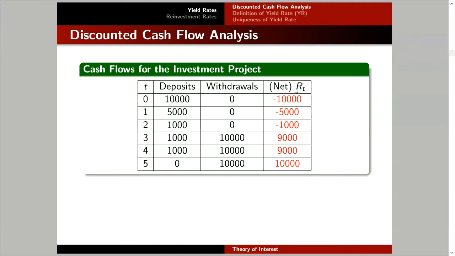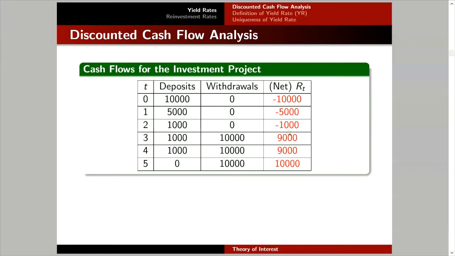So, the combination of deposits and withdrawals, we will call it net R sub T. So again, we are considering the viewpoint of the investor. That's why the deposit of 10,000 here is negative 10,000. Okay? Because lumabas itong pera kay investor.